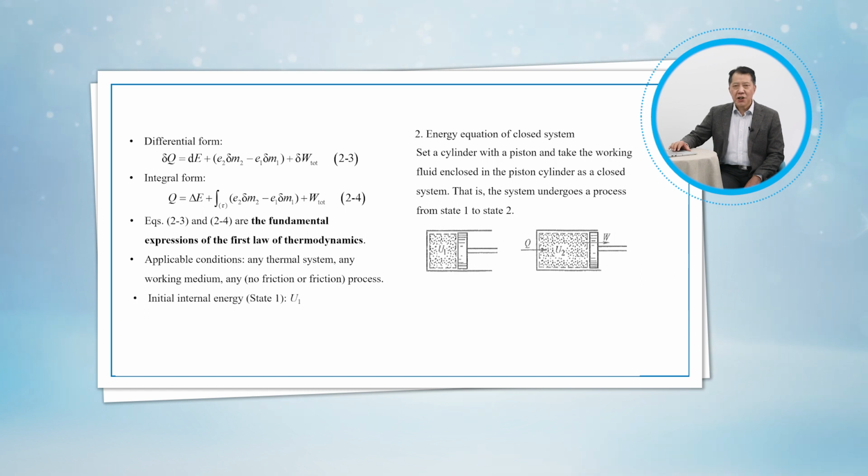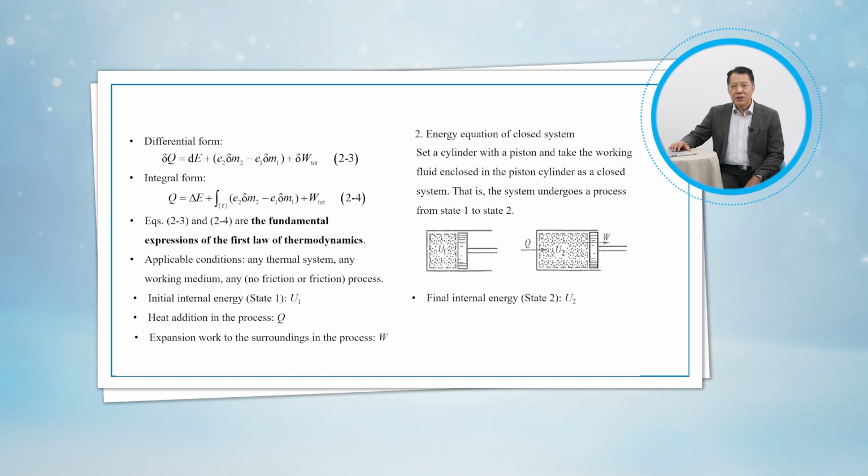The initial internal energy of the system is, the heat addition during the process from state 1 to 2 is, the expansion work to the surroundings during the process from state 1 to 2 is, the final internal energy of the system is.